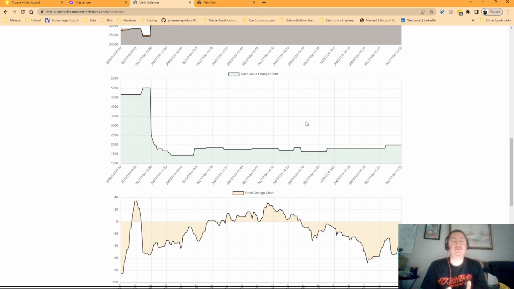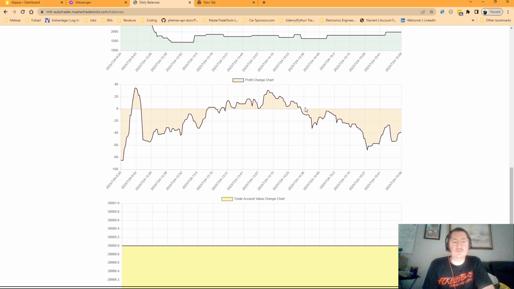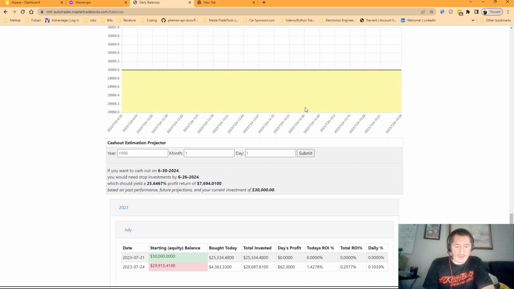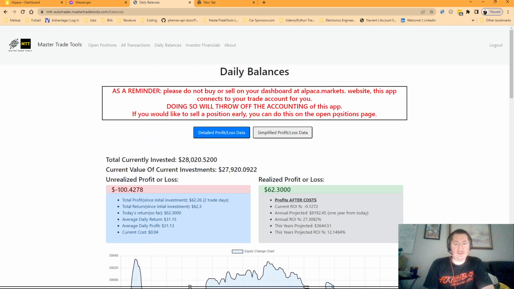It will not reinvest up to the value of $31,000. It will only reinvest up to the value of what you initially started with. That way the profit will be available to you on Alpaca for you to withdraw through them anytime you want. And there won't have to be any consolidation of funds or anything like that. So that pretty much describes the daily balances page.